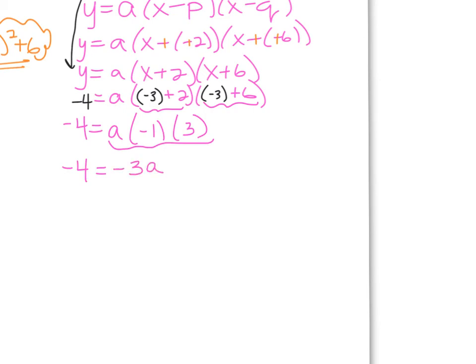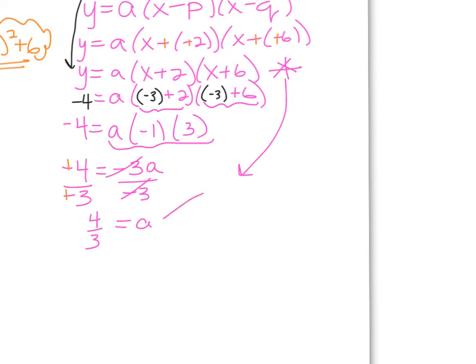To get a all by itself, divide both sides by negative 3. That cancels out. On the left, negative 4 divided by negative 3, that's a double negative, cancels out to be positive 4/3. Once you know your a value, you're set. I'm going to plug it into this form right here where p and q were simplified.